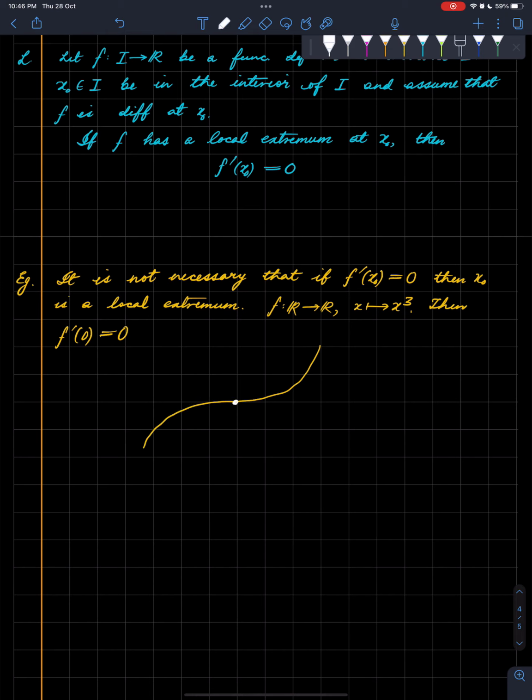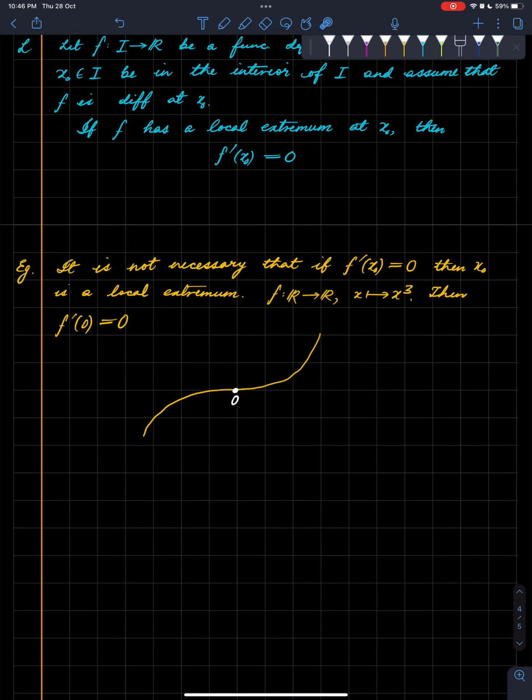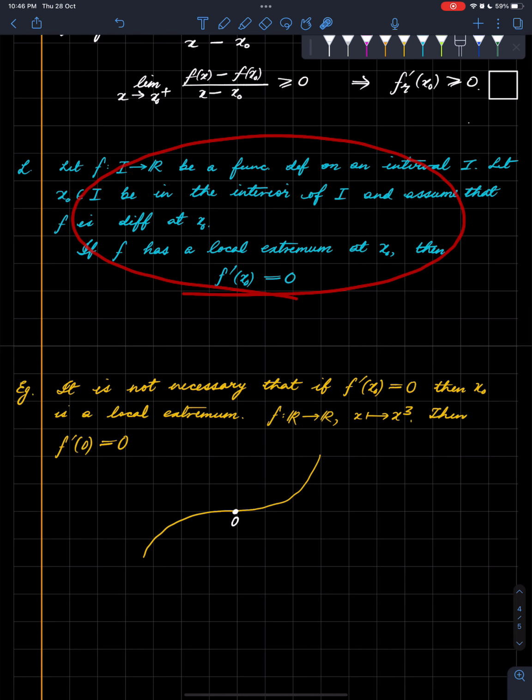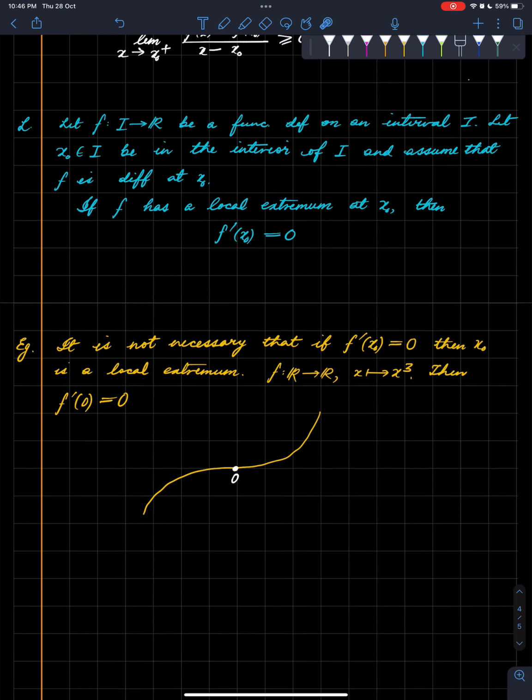This is the origin. So this is neither a local maxima nor a local minima, because as you go towards the right, it is increasing, and going towards the left, it is decreasing. So just one direction is true, as shown by this. So that's it. There is nothing much going on.